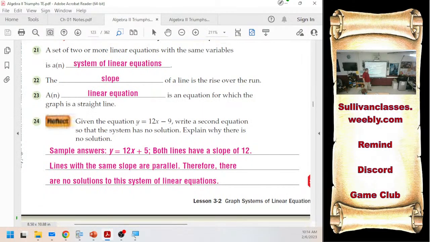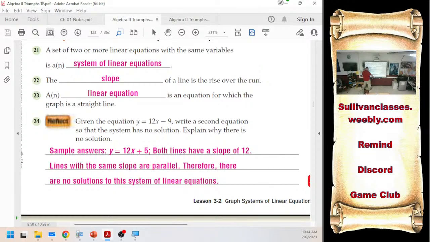Our vocab is always at the beginning, and then write a second equation so they have no solution. See how it says sample answers. What did no solution look like? Graph this, no solution, okay? The train tracks, right? Parallel lines. And parallel lines have the same slope.